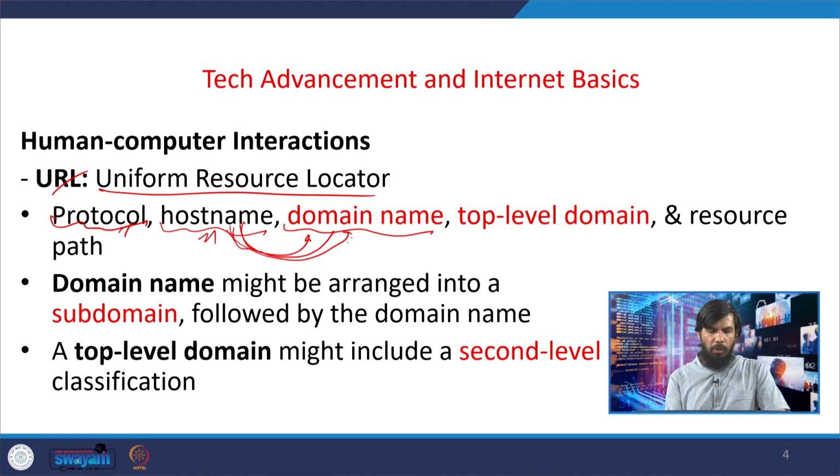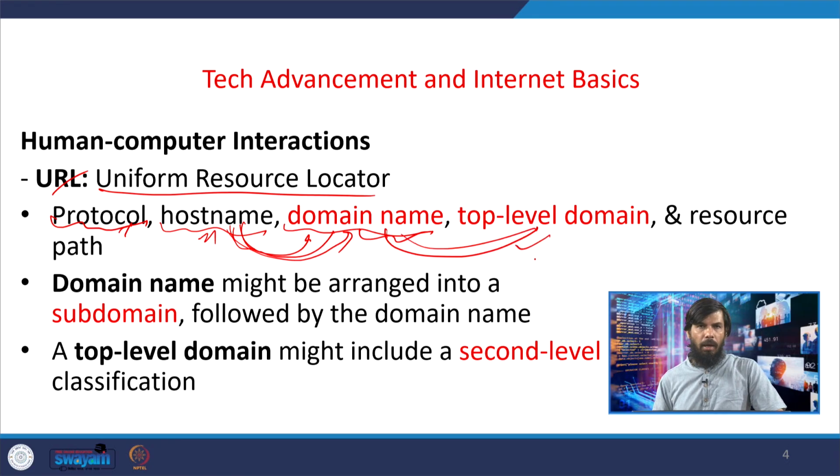So, we need to know the domain name, and then the top level domain is also there along with the domain name. That does another level of classification in terms of identifying the type of organization.